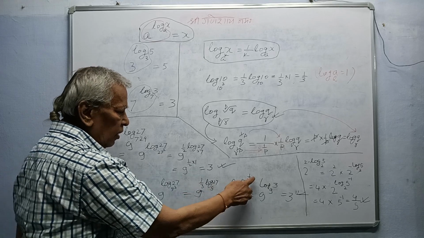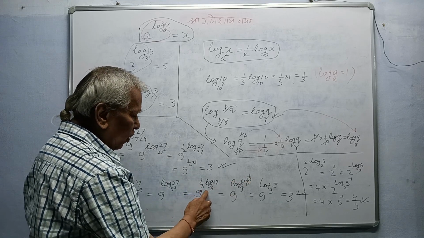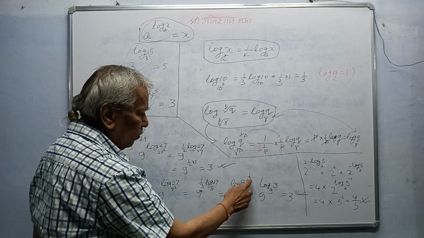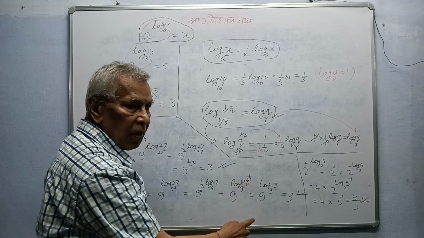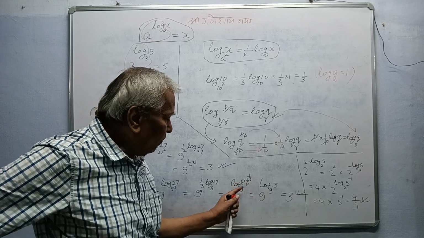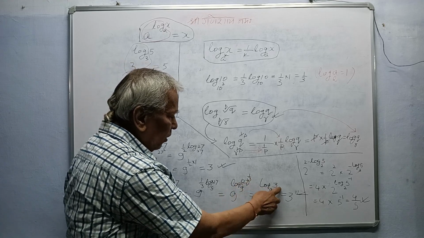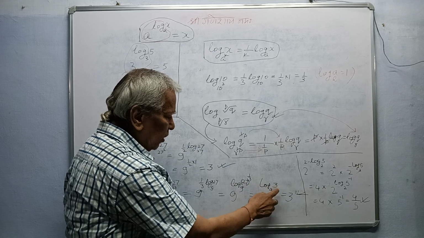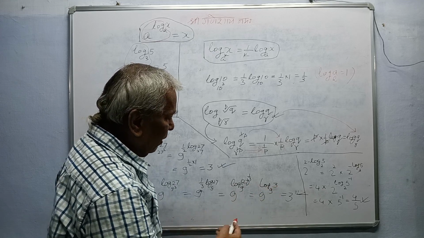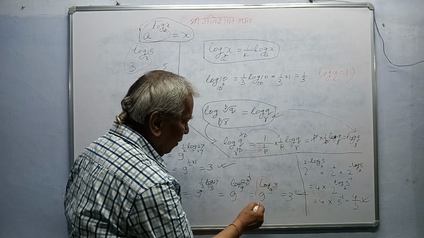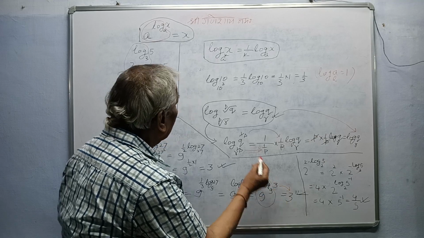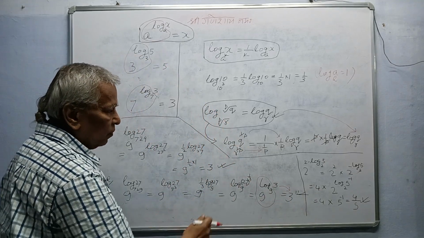Now this will come out here as a power. So 9 to the power log 27 to the base 9, 1 by 3. Cube root of 27 is 3, and 9 to the power log 3 to the base 9 again by the first formula goes out, so the answer is 3. Yes, the first formula.